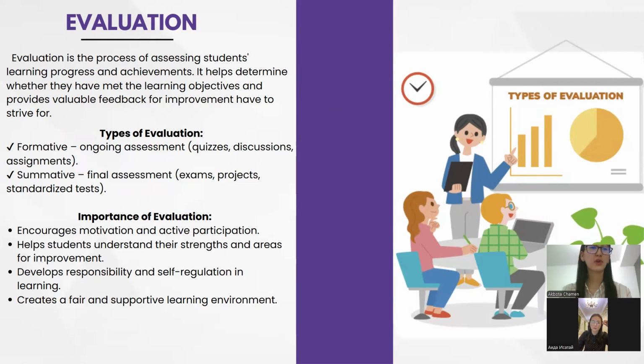First is formative, ongoing assessment, for example, quizzes, discussions, and second is summative, final assessment, exams, projects, and standardized tests. Importance of evaluation is to encourage motivation and active participation, helps students understand their strengths and areas for improvement, develops responsibility and self-regulation in learning, and also creates a fair and supportive learning environment.